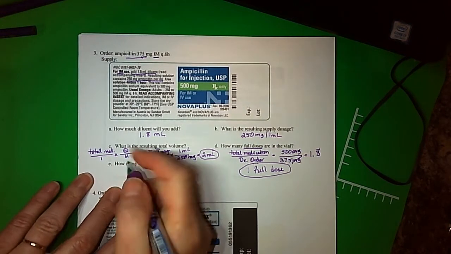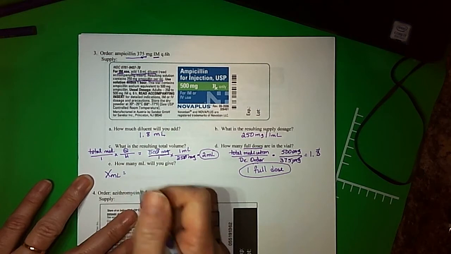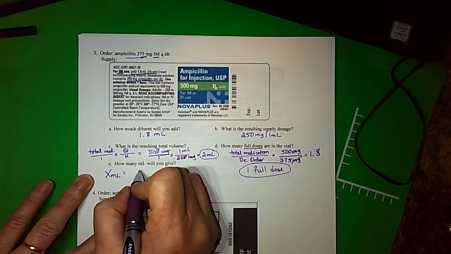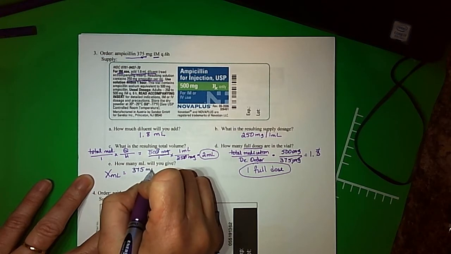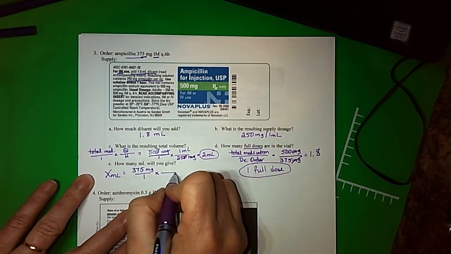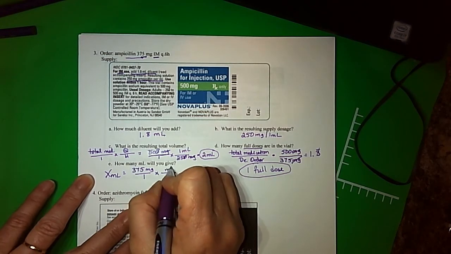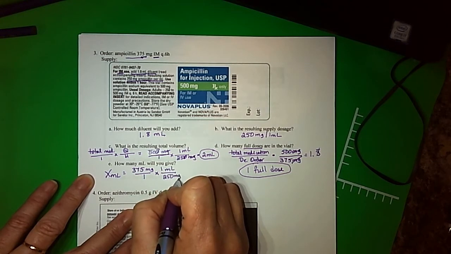And then how many milliliters will you give? So this is my doctor's order, 375 milligrams over 1, times my supply, my quantity over what I have, so 1 milliliter over 250 milligrams.